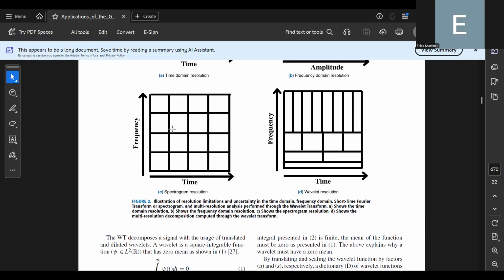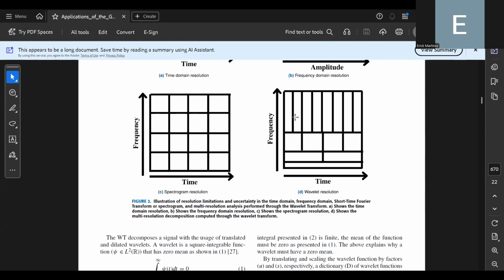One way to overcome this trade-off is, instead of trying to fix the window size, to change the window size in the time domain based on the frequency. In this way, higher frequencies will have a shorter time window, and as we decrease in frequency, we can increase the size of the window. We call this approach a multi-resolution analysis.